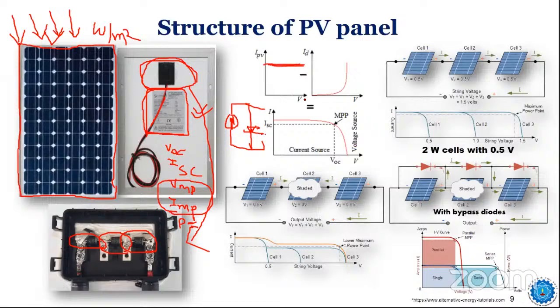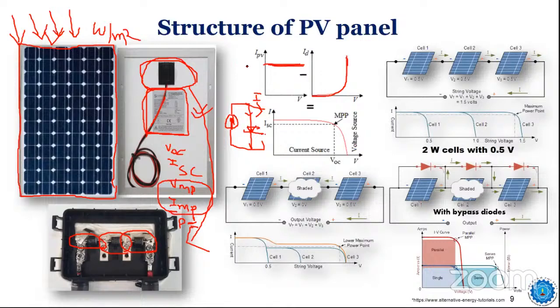With respect to voltage, if I draw the curve, and if I draw the equivalent current coming out of this panel, that is IPV minus the diode current. The diode current with respect to voltage, as you already know from the diode curve, slowly and gradually increases. When there is a breakdown, it can increase, right?